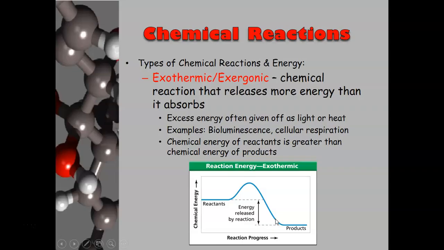Think of it like running a business. Maybe I had to put in $100 to get that initial product, but I was able to turn around and sell it for $200. And so I ended up netting a $100 profit. That's what's happening in these types of chemical reactions.